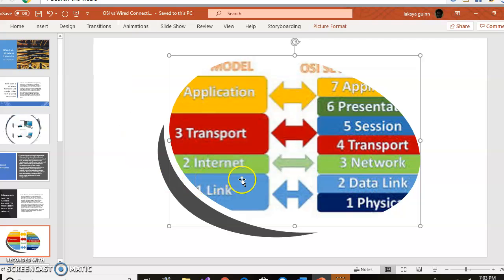Typically, the wired network just uses two of the functions from the OSI model. Over here on the right-hand side, this is how the data is streamed when it's broadcast. So it breaks it down into 7 different layers.